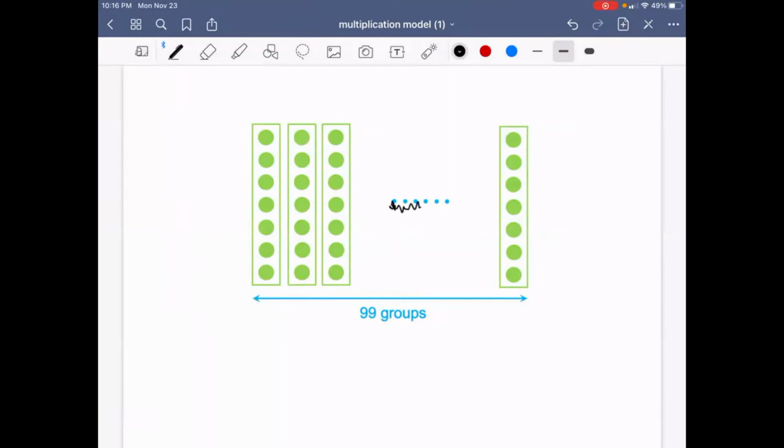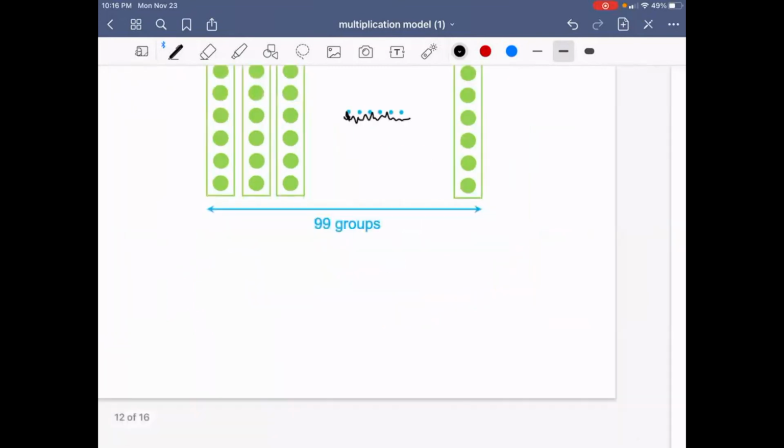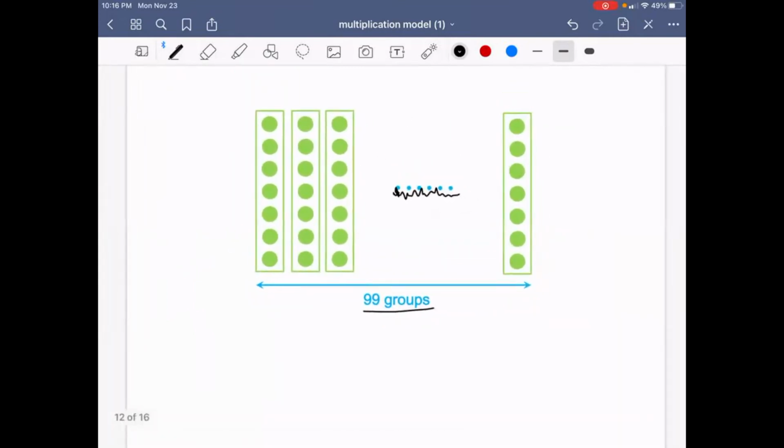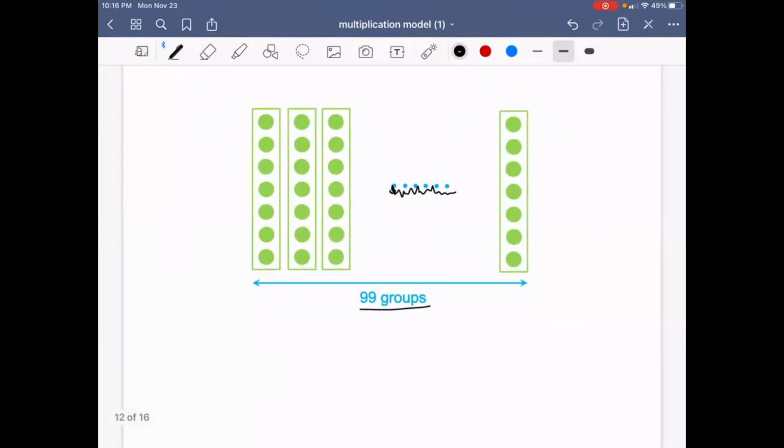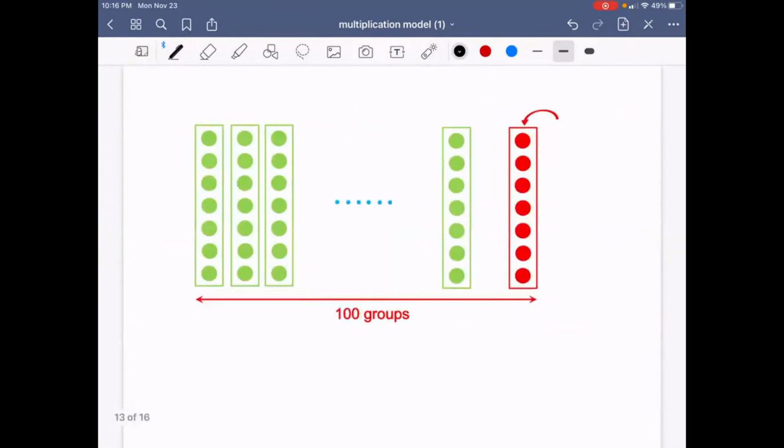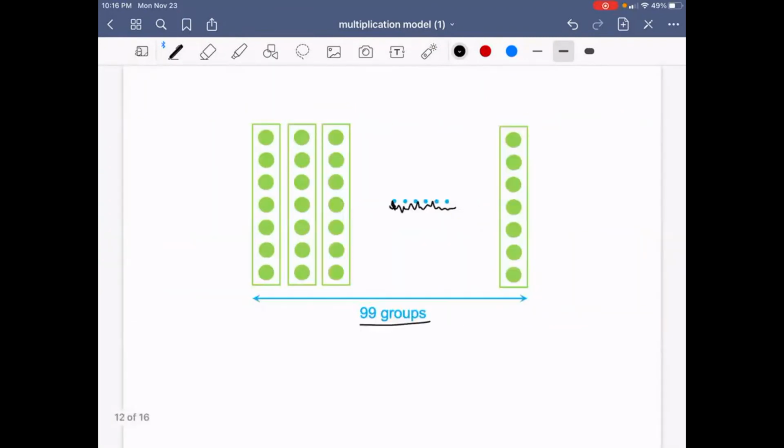So I use these dots right here to represent the rest of the 99 groups. Now you're probably thinking, wait a minute, it's going to take us so long to count all of these dots. Well, that is true, but there's a way around it.